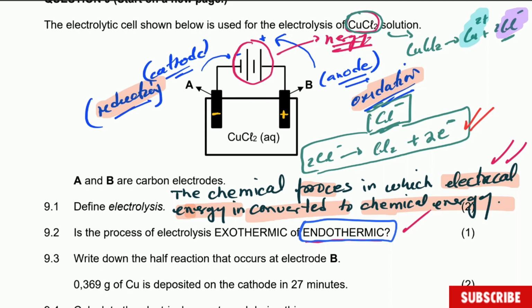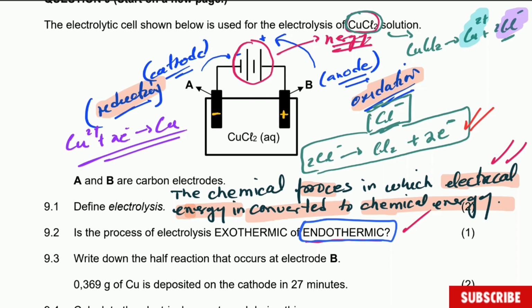From left to right in the table, there we go: Cu2 plus plus 2 electrons will give you Cu. This is what happened at the cathode.